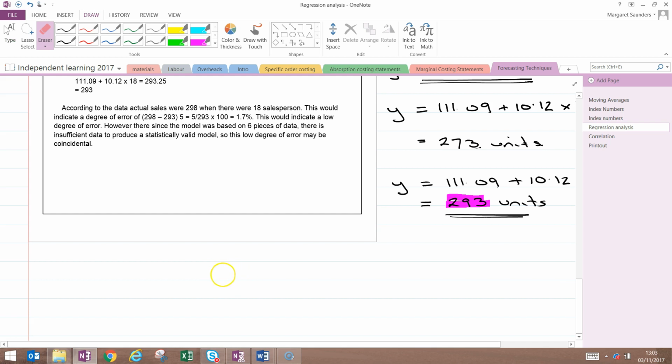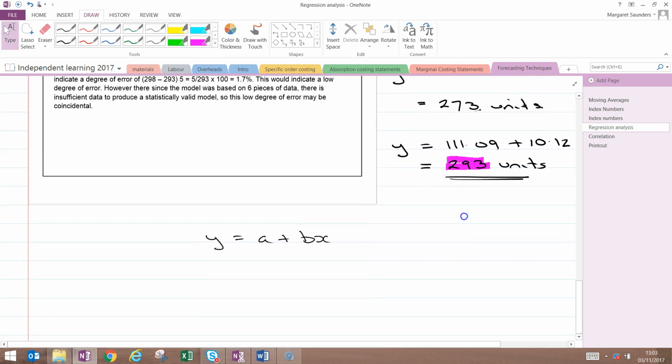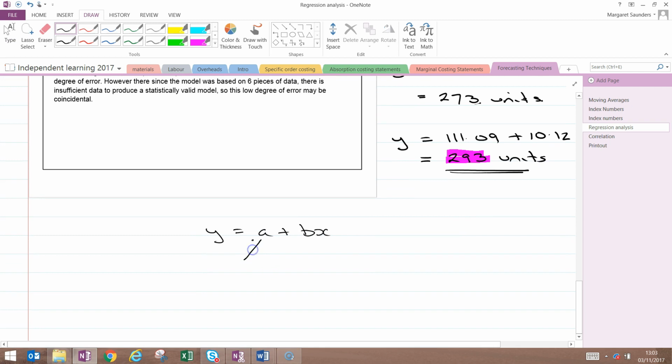We can also use Y equals A plus BX to forecast total costs. When we use it to forecast total costs, A will represent the fixed cost and B will represent the variable cost. So the model can be used for identifying fixed and variable costs as an alternative method to the high-low method.